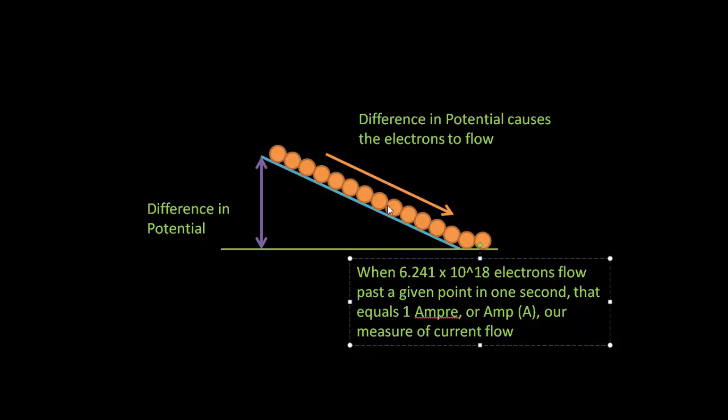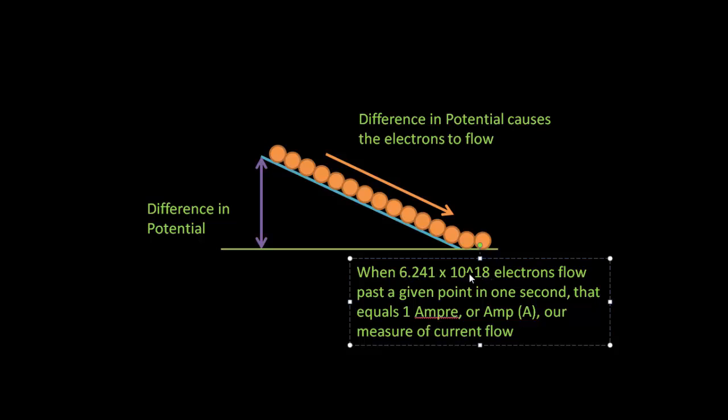So let's pick anywhere along this board, and if we put a measure there and we started counting the electrons flowing past, when this number here, and it is a really big number, 6.241 times 10 to the 18. Pull your calculator out, do that. It is a huge number.